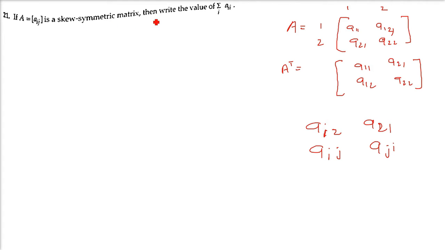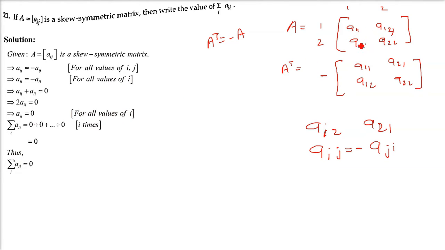And since it is skew symmetric, when we take the transpose of A, negative A will come. So Aij and Aji are replacing places, but they are negatives. Since the places are replaced, the elements are replaced by the negative element. When I am changing the position of row and column, i will become j, j will become i.